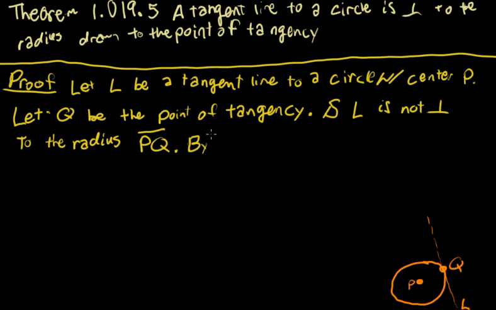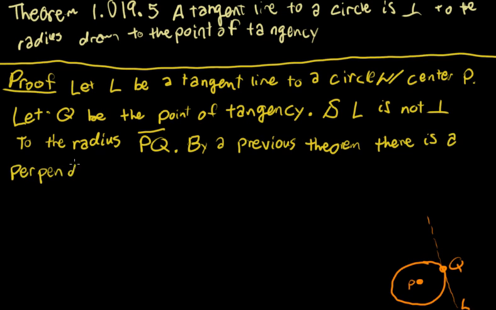We can say that by a previous theorem, there is a perpendicular from P to L. We'll say let R be the, well, I haven't defined that yet.